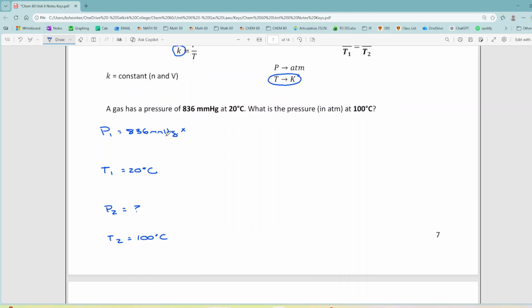So we're going to convert our millimeters of mercury into atmospheres because I wanted the answer in atmospheres anyway. So I'm going to convert from millimeters of mercury to atmospheres, where 1 atmosphere is equal to 760 millimeters of mercury. And that's going to give me 836 divided by 760, 1.10 atmospheres.